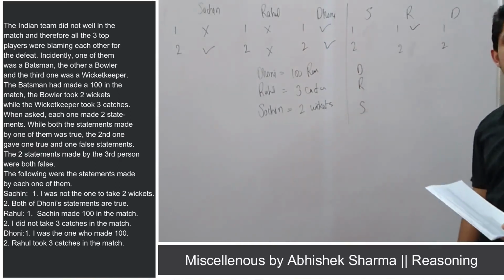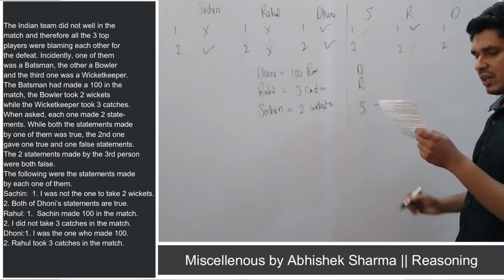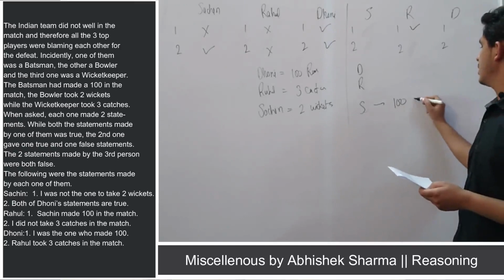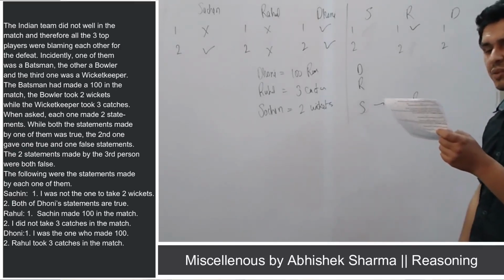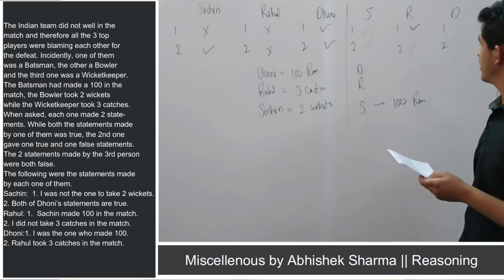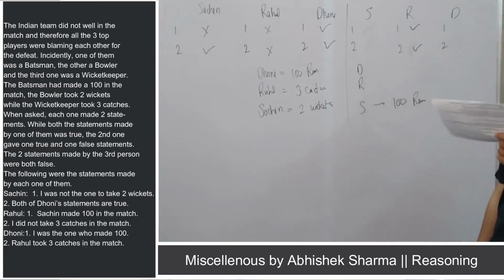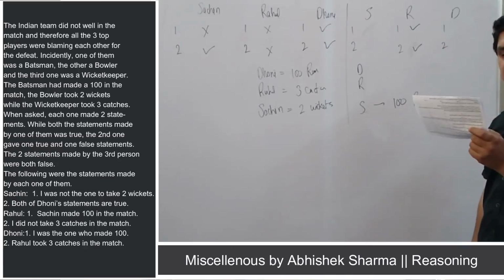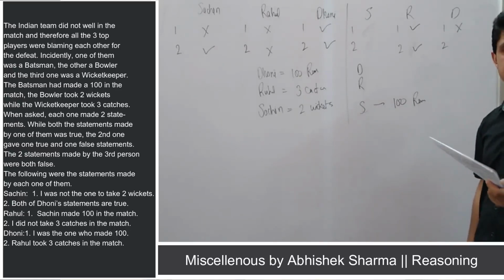And I am making the first statement of Rahul correct, that is Sachin made 100 runs. Thereafter, the second statement that Rahul is making, I did not take 3 catches, should also be correct, because if I check the Dhoni statement, I was the one who made 100 runs, that statement should definitely be wrong, right?